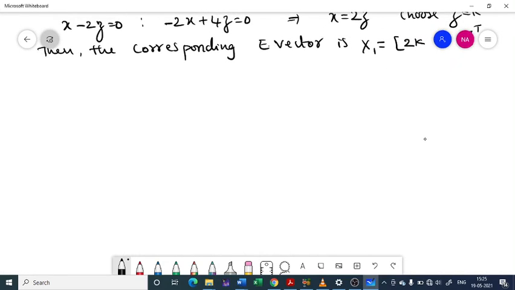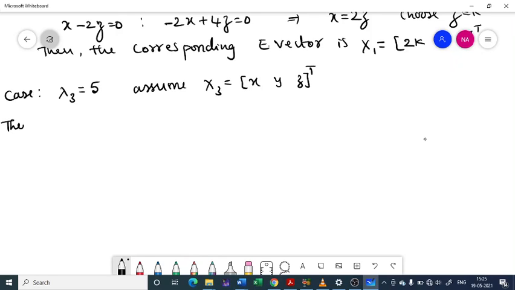Next, case 2. Actually I should take lambda 3. Lambda 2 is also 0, so I will take lambda 3. Lambda 3 is 5, and assume X3 equal to, as usual, x, y, z transpose. Then (A minus lambda 3 I) into X equal to 0 implies (A minus 5I) into X equal to 0.